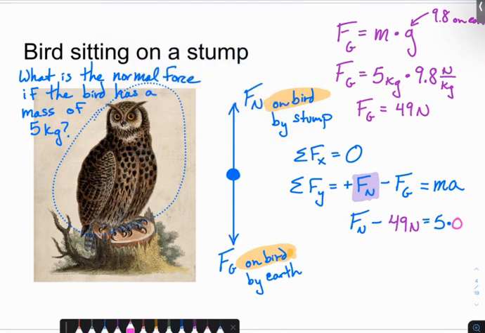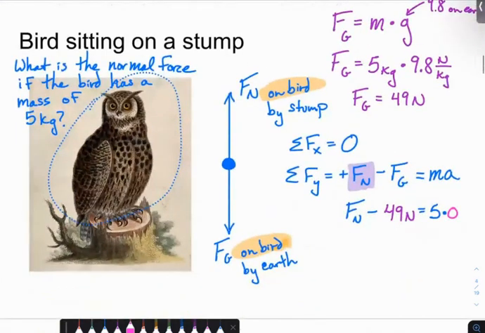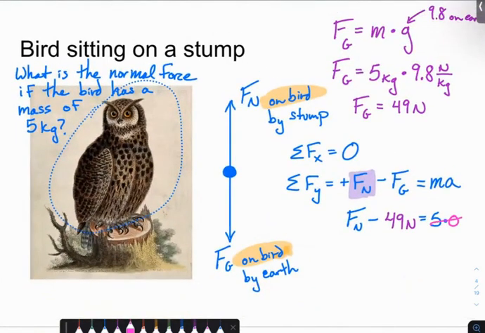So 5 times 0, well, that's just going to be 0. So now I'm going to rewrite this. I have normal force minus 49 is equal to 0. So I add 49 to both sides, and I get a normal force of 49 newtons.